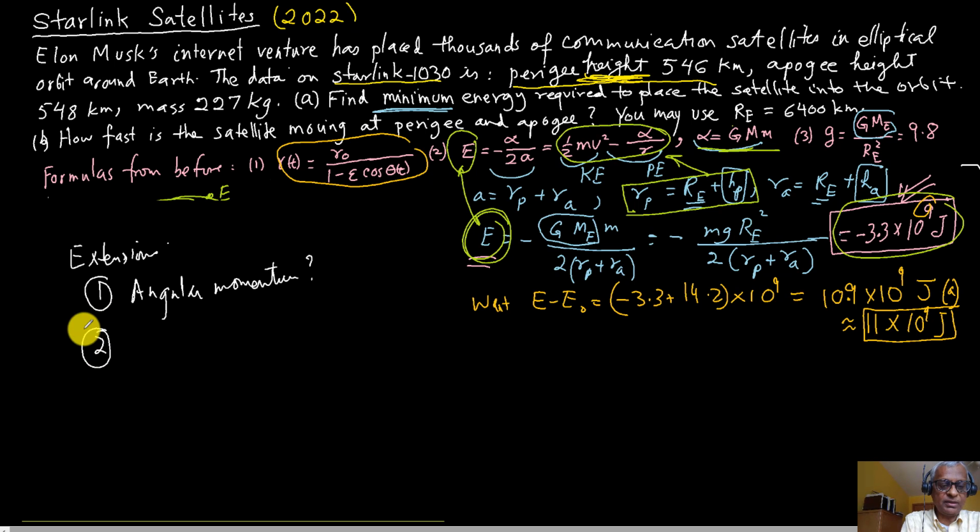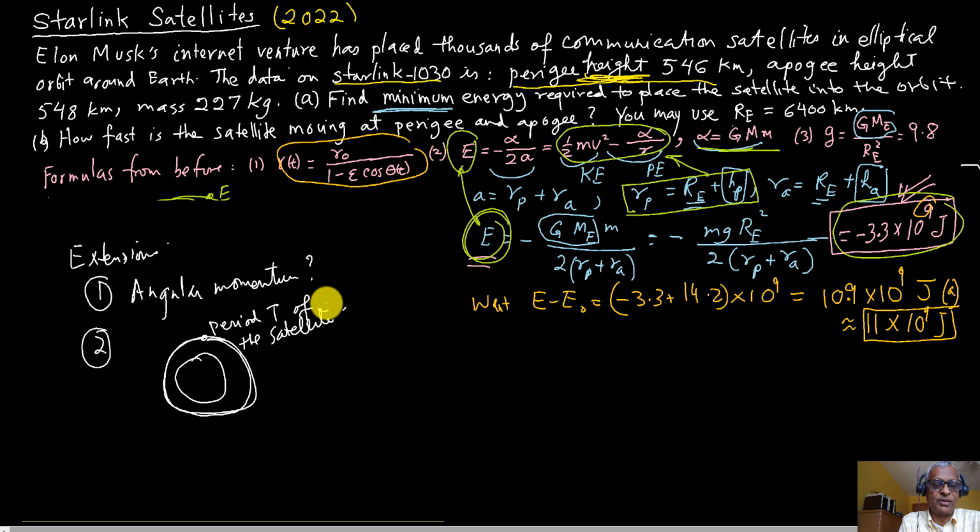Another interesting thing is that the satellite is going around the Earth, so it has a period T of the satellite, and you can use Newton's derived formula, or you can use Kepler's third law.